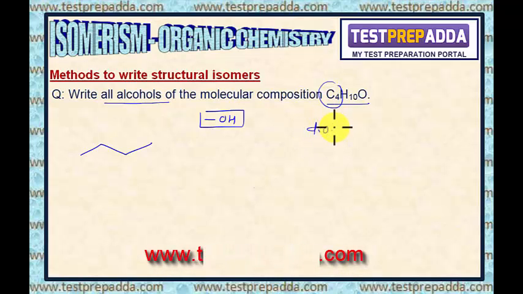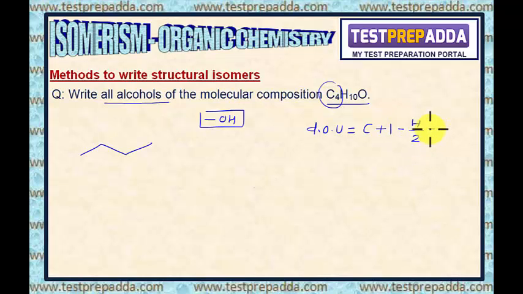And I already told you the formula for degree of unsaturation as C plus 1 minus number of hydrogen atoms by 2 minus number of halogen atoms by 2 plus number of nitrogen atoms by 2.